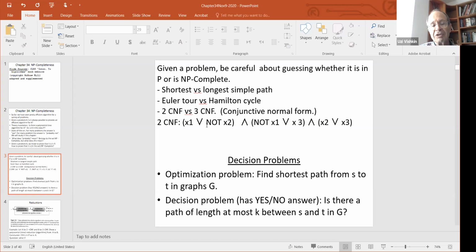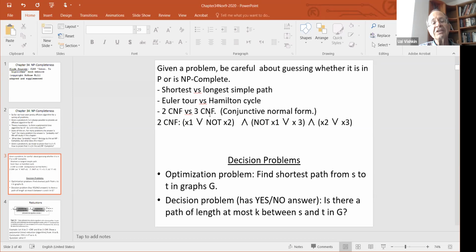Because the only way to satisfy this clause will be by having not x1 true. So by virtue of assigning a false value to any variable, you already create a domino effect where you can run with it and eliminate a certain number of clauses. So this is the mindset that will lead you to an efficient algorithm.